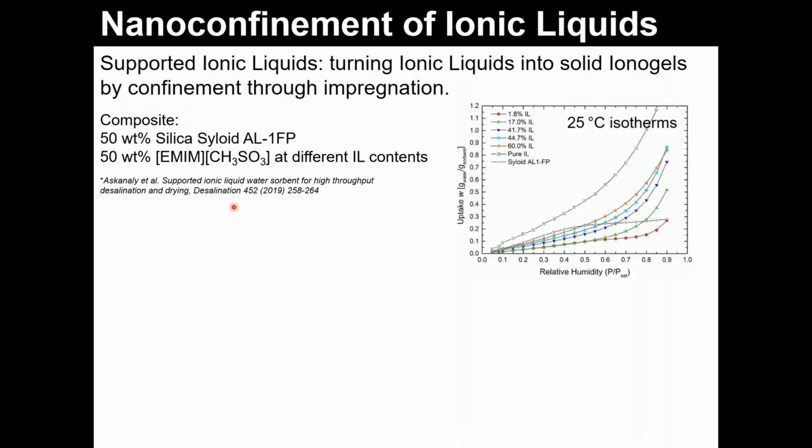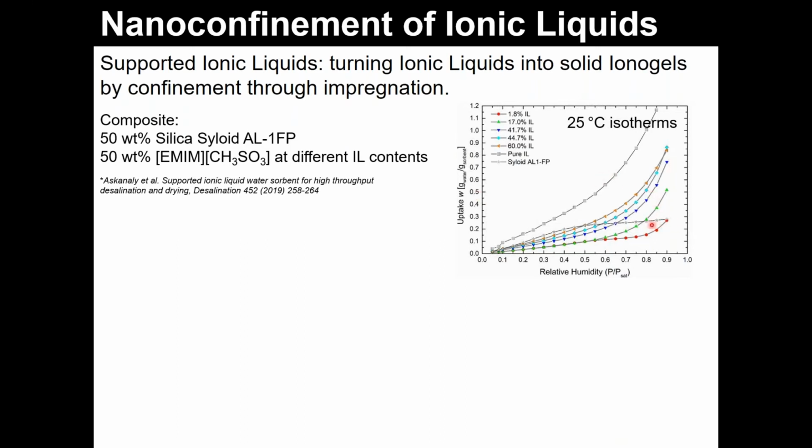So when we impregnate an ionic liquid on a nanoporous material, we can have different isotherms depending on the level of impregnation. The limit we can impregnate the silica is 60% of ionic liquid, so the composite material is going to be up to 60% ionic liquid in weight. It's not possible to impregnate more than 60%.